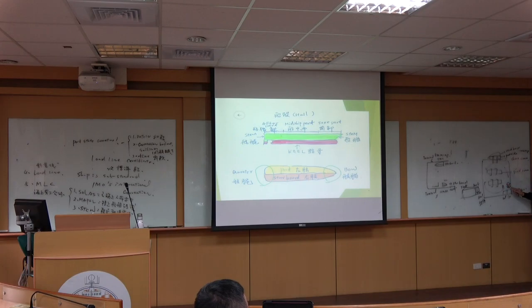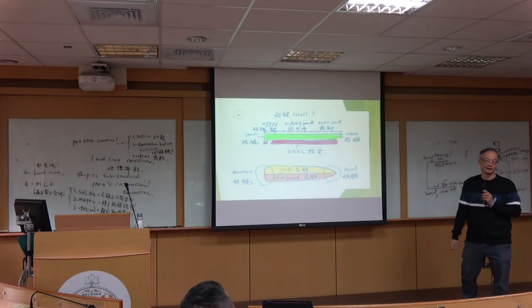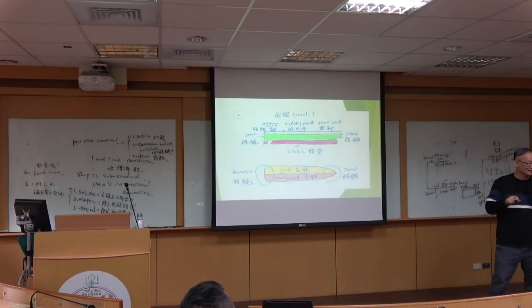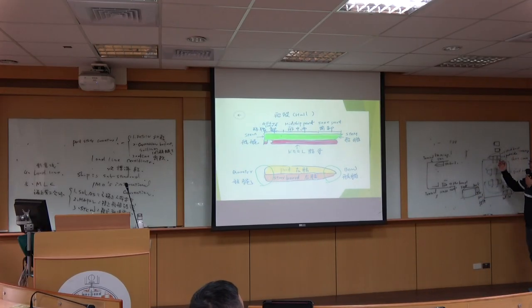For the container it is the same. When we load the container, the back door is here, not here. If it is here, you face very strong wind and rain, just like riding a scooter. So the back door will be located over here. Normally the ship will enter this way.